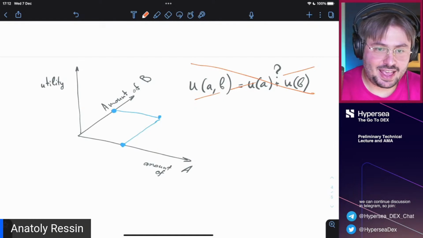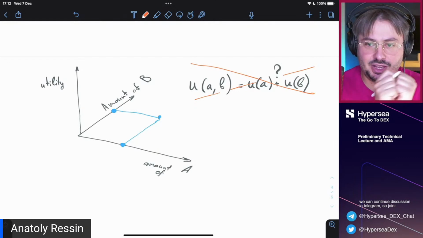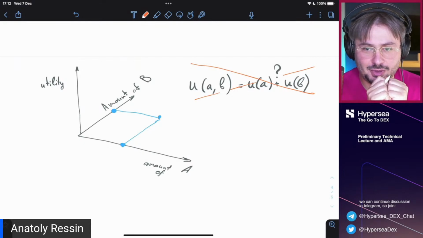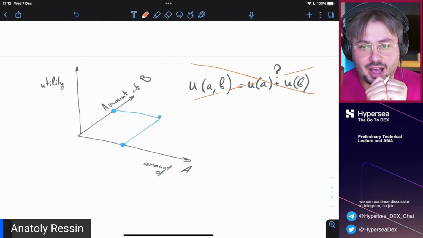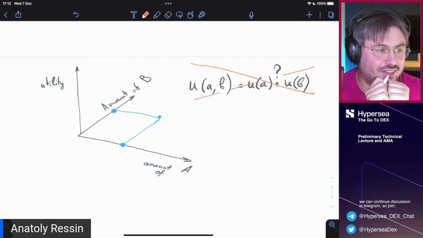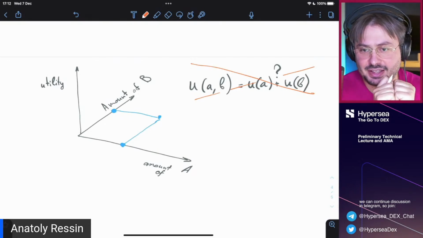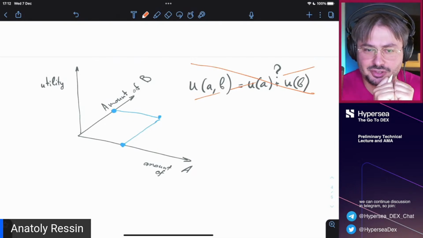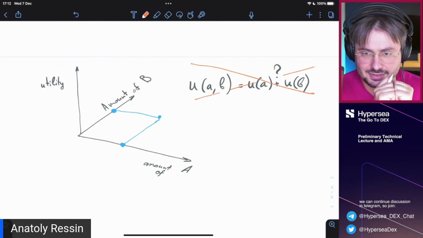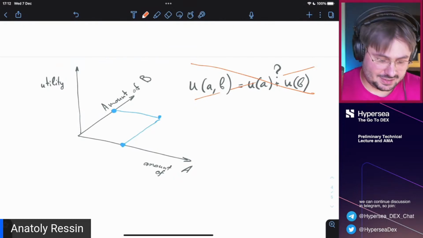By using them together, you can have absolutely different effects than if you are trying to measure them separately.